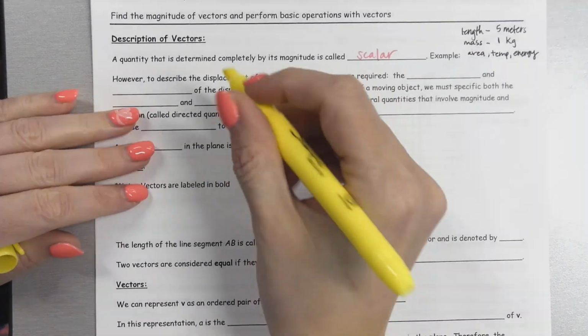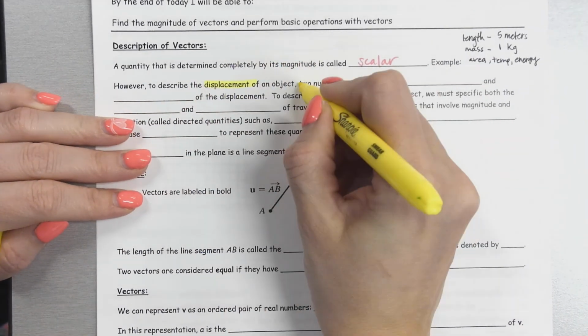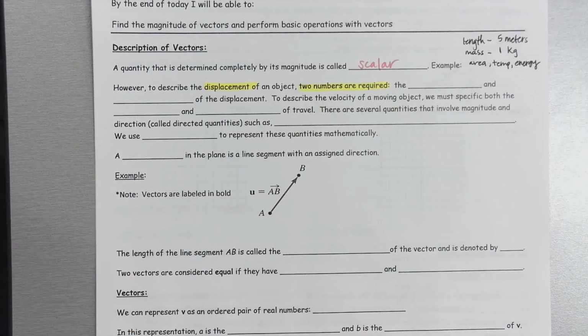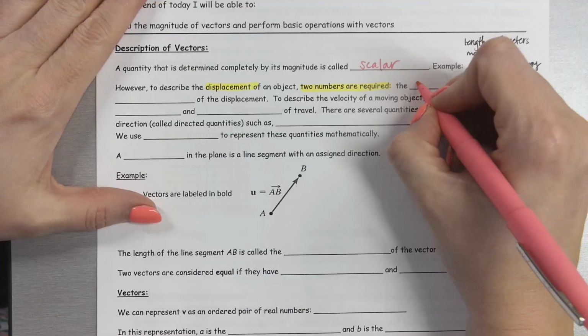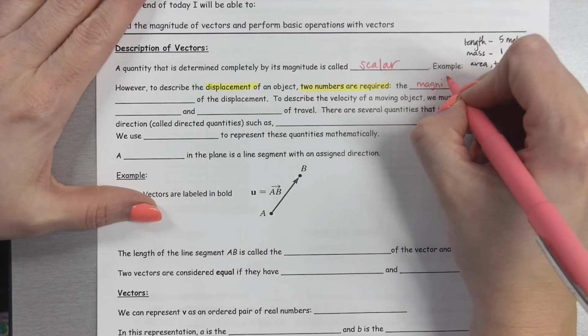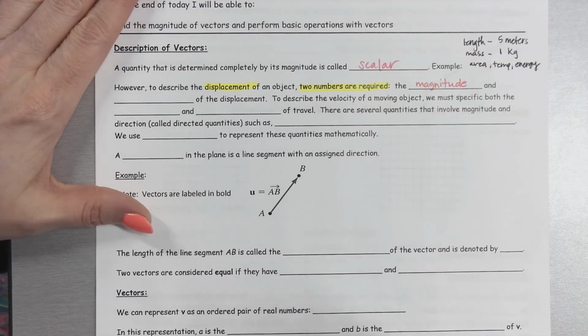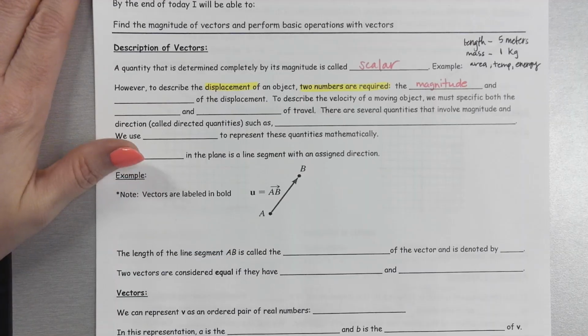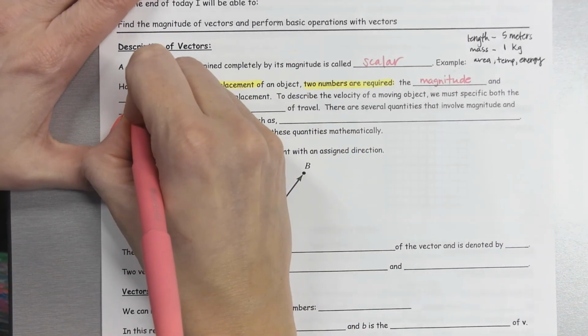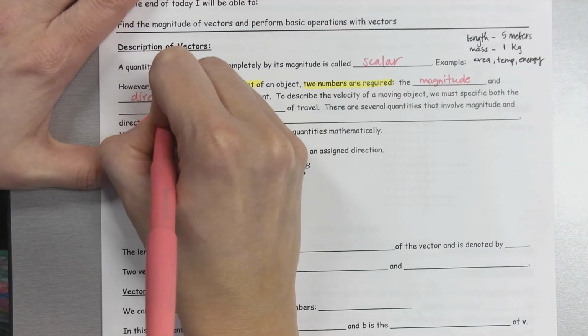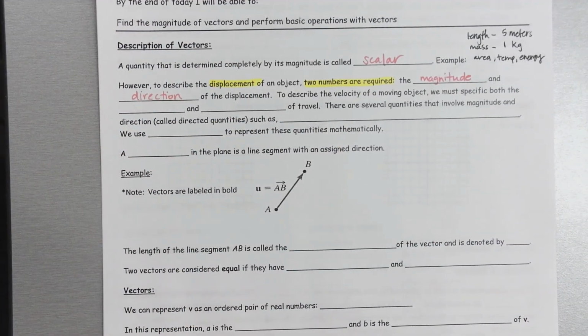The magnitude, and do you guys know what else vectors describe? The direction. So you're going to have magnitude and the direction of the displacement.